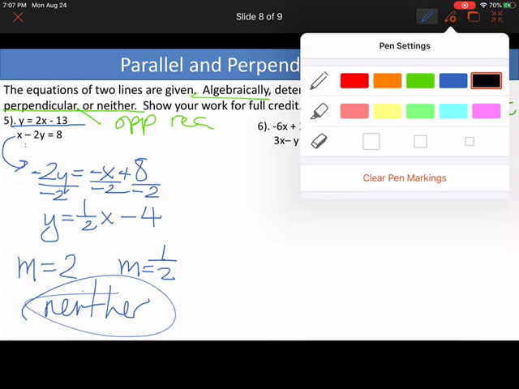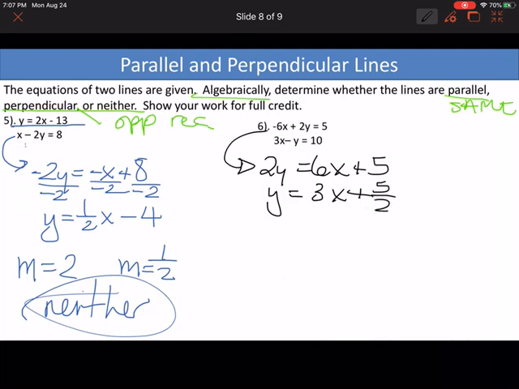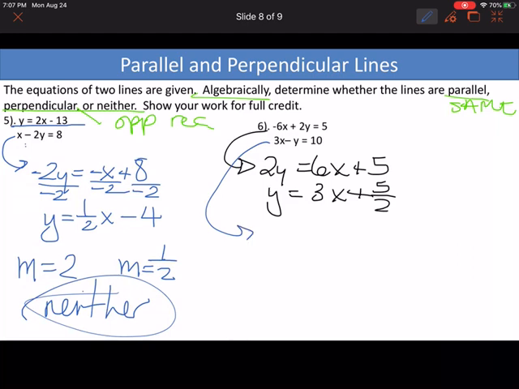All right, so for this one, neither of them are in slope-intercept form, so I have to change that. Okay, so that's the first, oops, pressed the wrong button. The second one. Divide by negative 1, 3x minus 10.